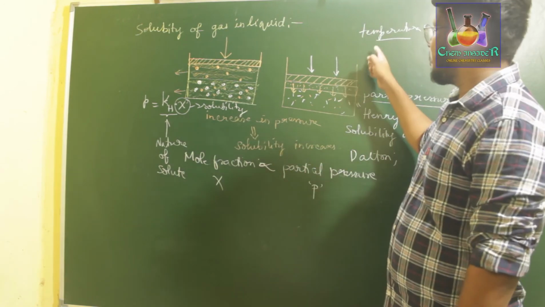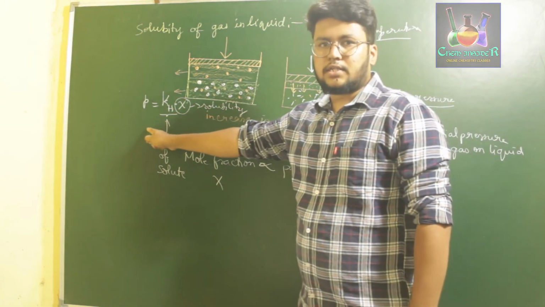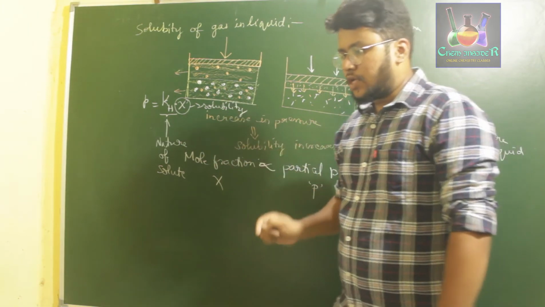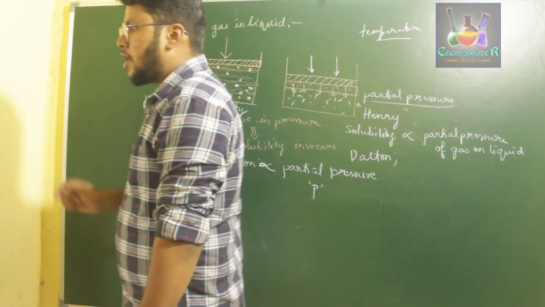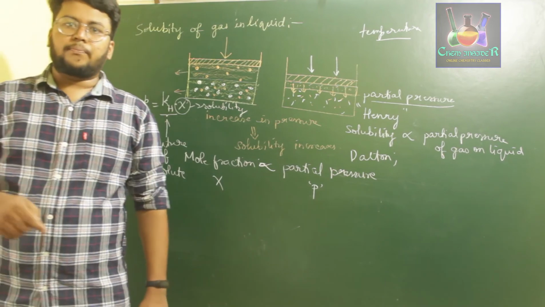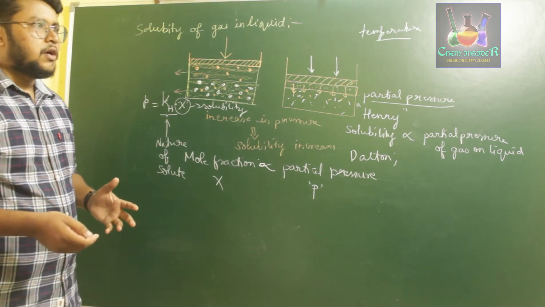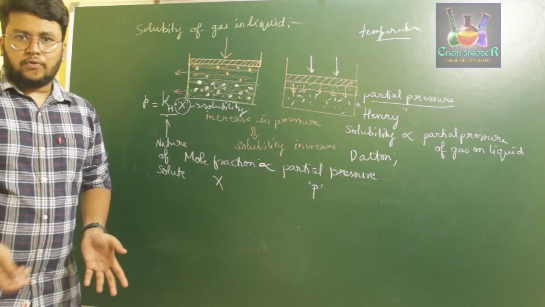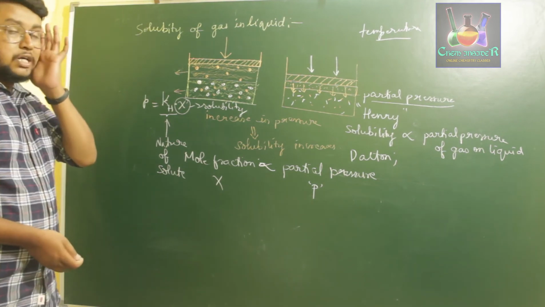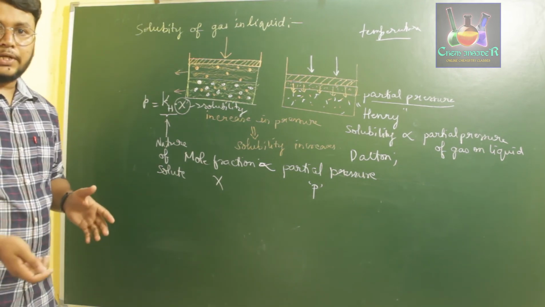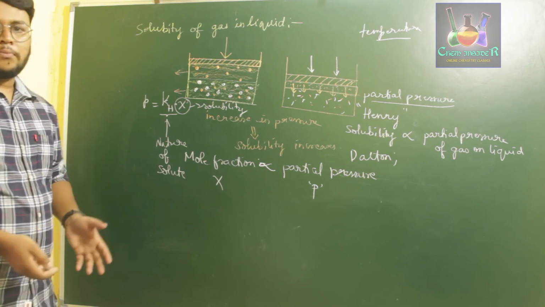If temperature is decreased, the kH value decreases and solubility increases. So what we usually observe is that aquatic animals are more comfortable living under cold temperature rather than under warm temperature.